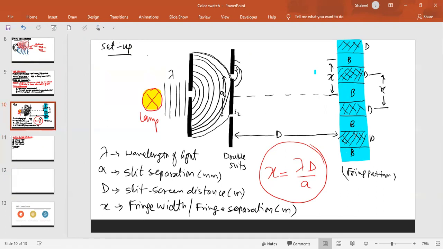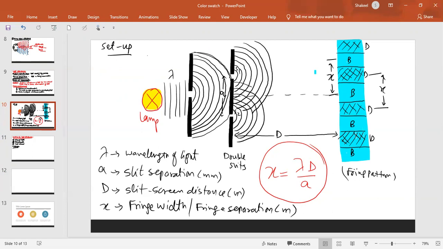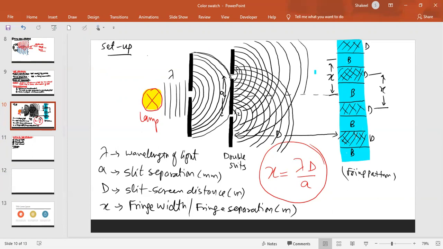From S1 and S2, again the waves spread and move forward, and as they move forward, they interact with each other.